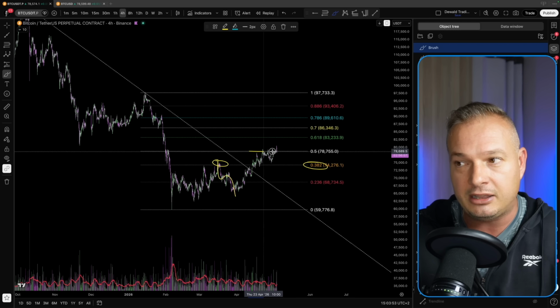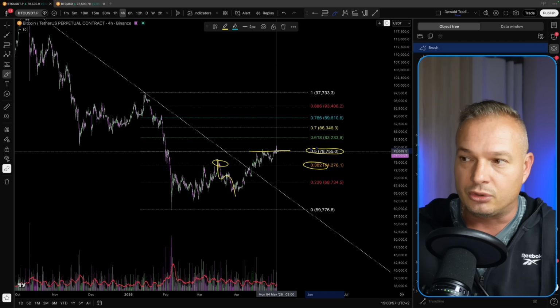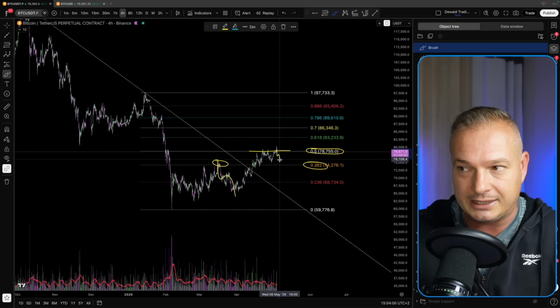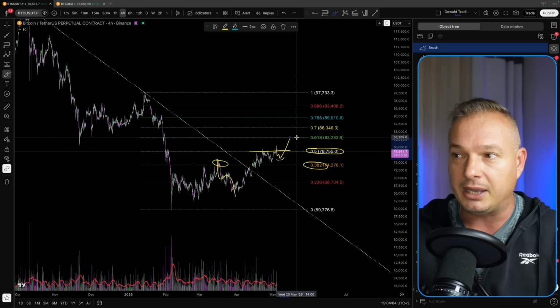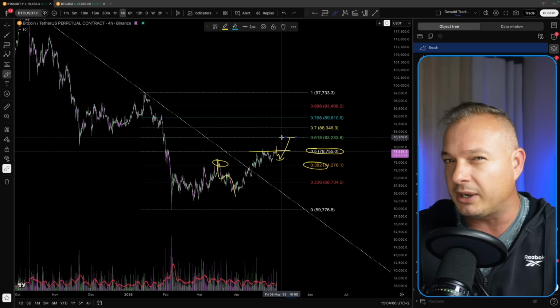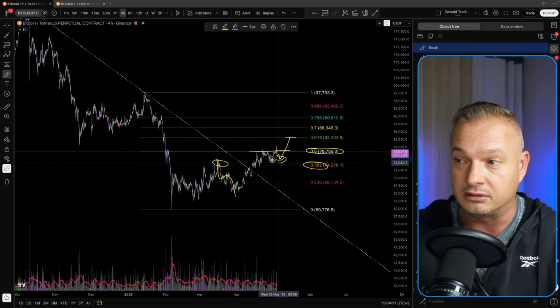And now you can see that price is struggling by the 0.5 Fibonacci. So there's a chance that price could correct, still form a higher low, and continue momentum up until it reaches the 0.618, which definitely then becomes a profit-taking area if you do attempt longs in this little zone.